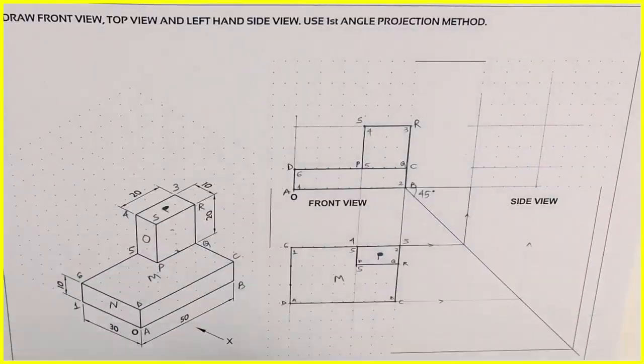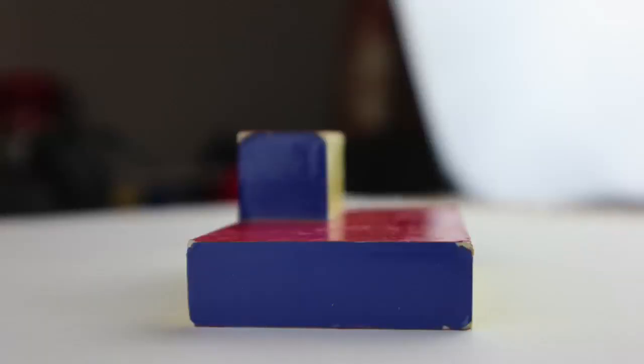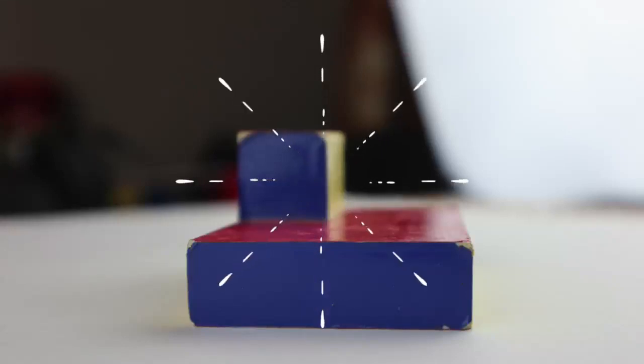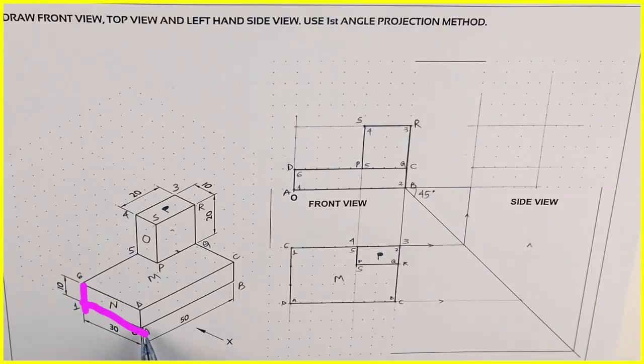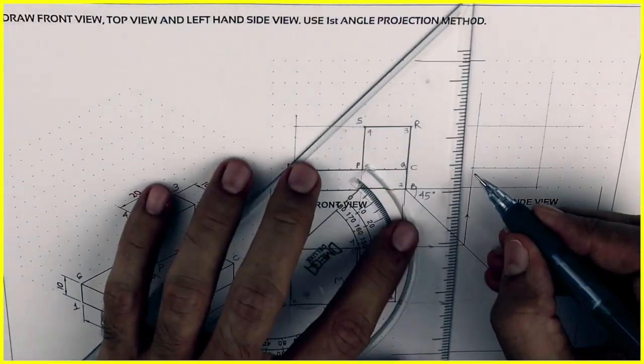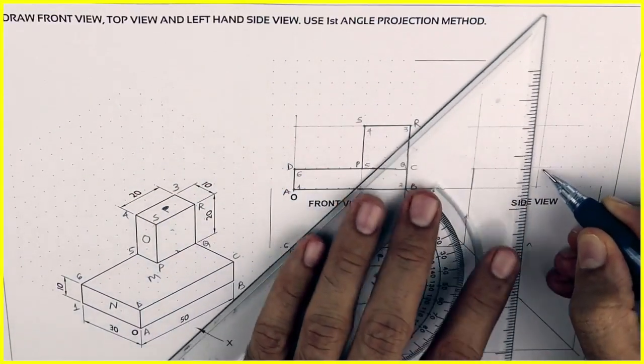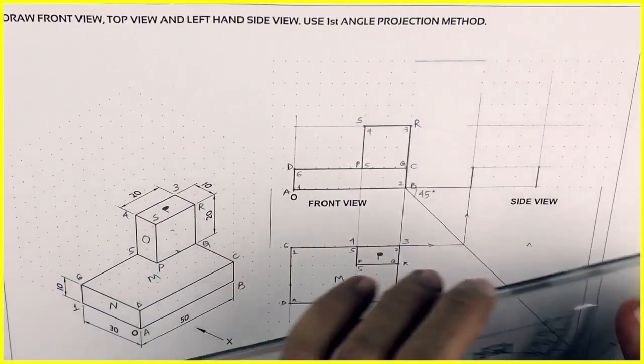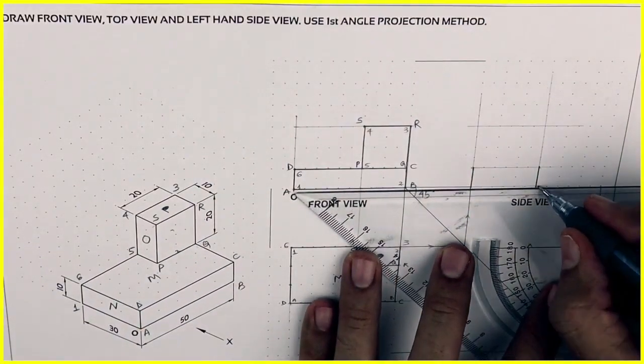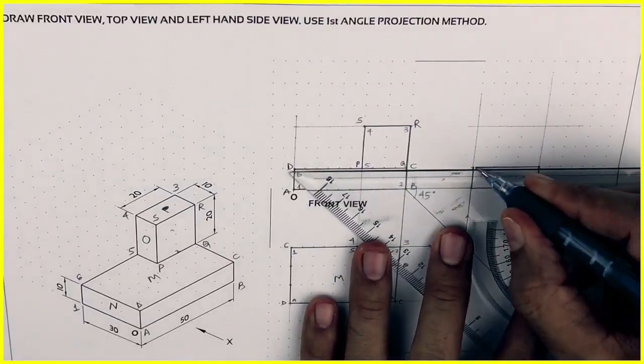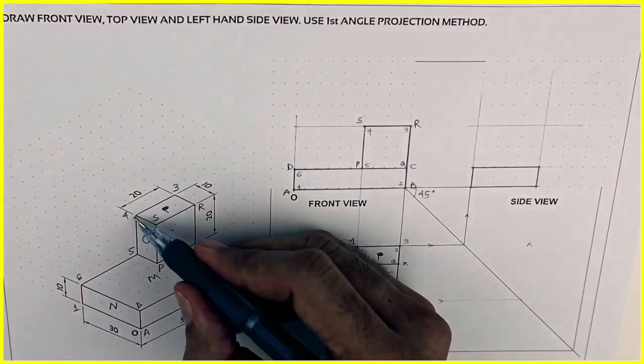So in side view, you will see like this, two rectangle. One is 30 by 10 and other one is 20 by 10. M and O. See this. So first we will draw that. We'll take height 10, which we can project from front view, and we can take it directly like this. So N part is done.